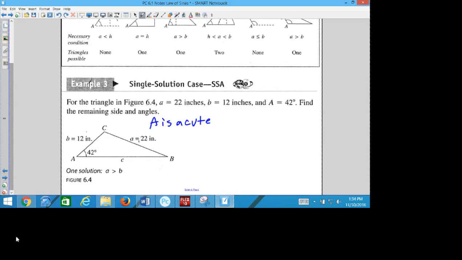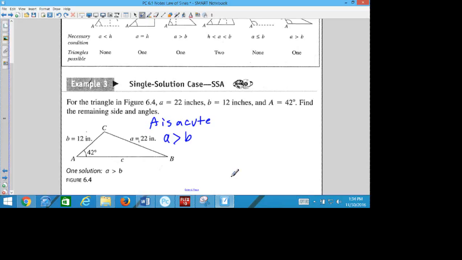A is greater than B. How many of these first four have A being greater than B? Only one of them. So it's definitely this one. The A value is greater than the B value, and that tells us that there's just one triangle.